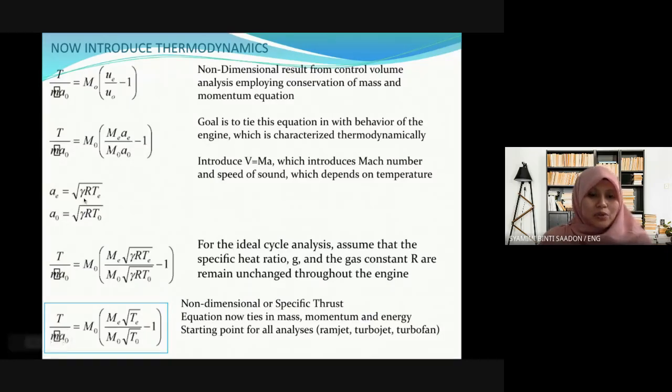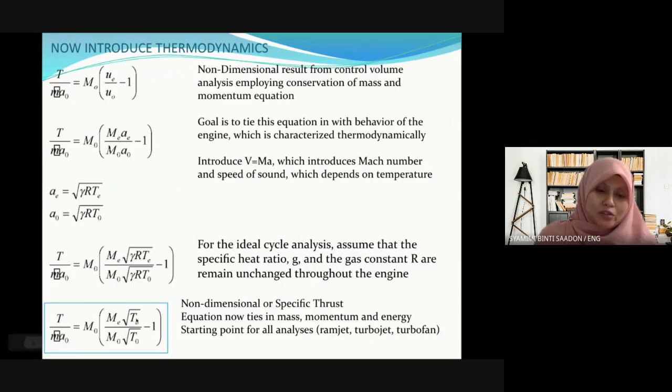We substitute with this gamma RT, etc. So we only have this value. It means that we can calculate the specific thrust if we only know the temperature and the Mach number.